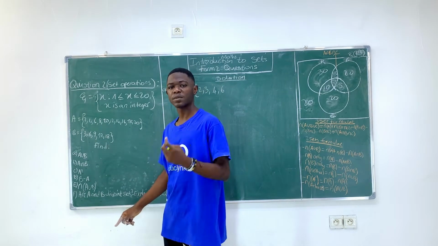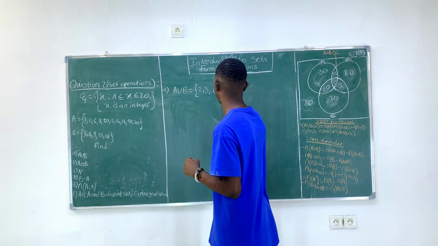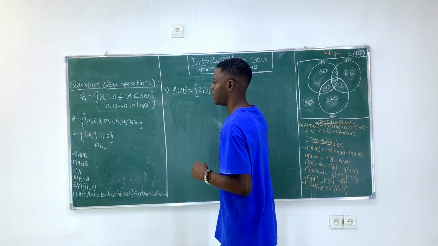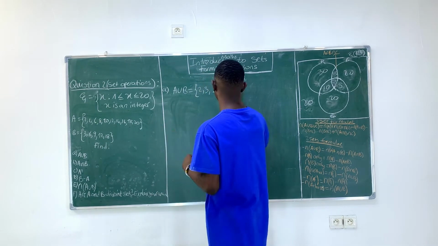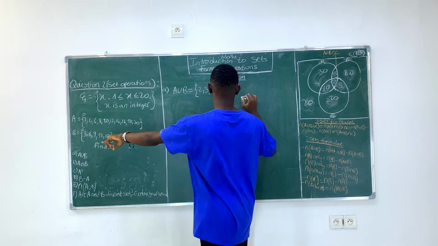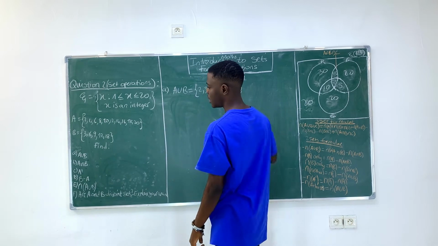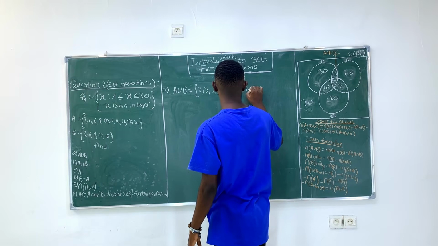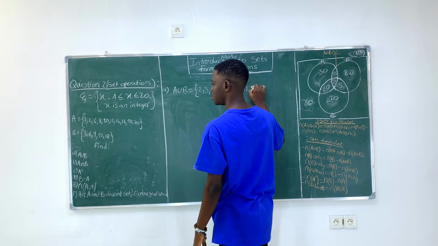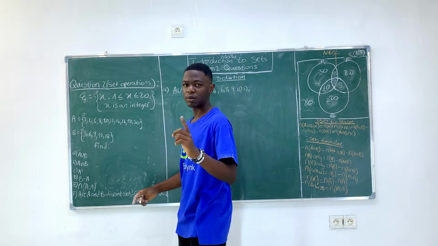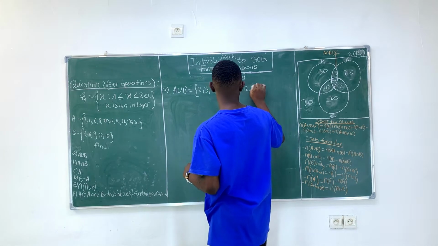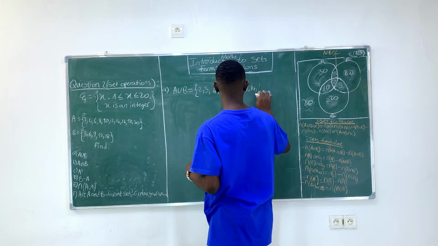But I don't write 6 two times, I write 6 one time. Then there's no 7, there is 8. There is 9. There is 10. There is no 11. There is 12. There is no 13. You see, it also repeats, but I write it one time, I don't write it two times. There's no 13, there is 14.